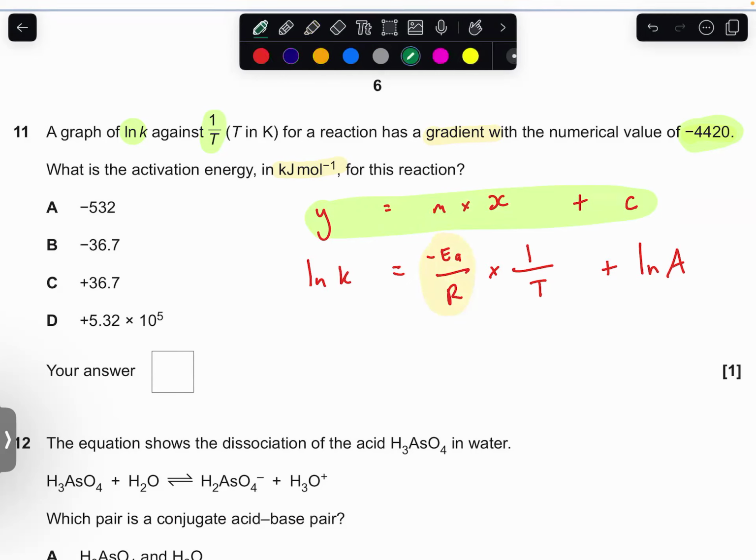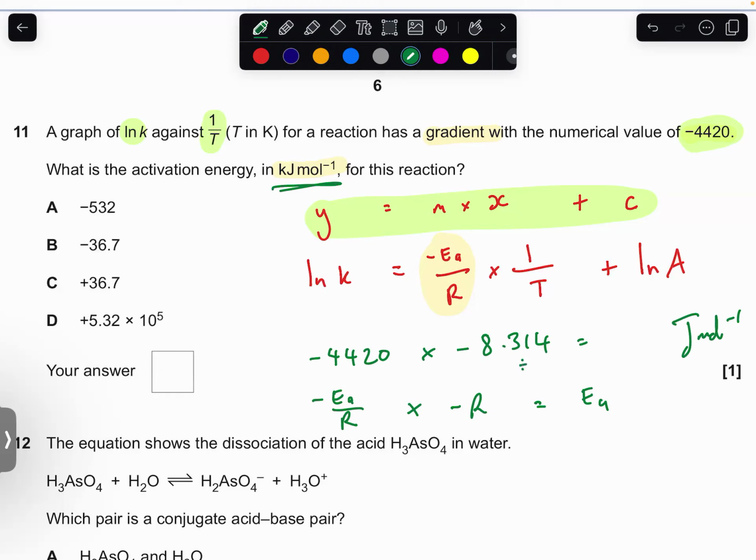So all we do, we've got minus 4420, which is your minus EA over R. If we multiply that by minus R, that gives you EA. So let's multiply that by minus 8.314, which is the gas constant, and that will give your answer in joules per mole. We want our answer in kilojoules per mole, so we're going to divide that by 1,000.